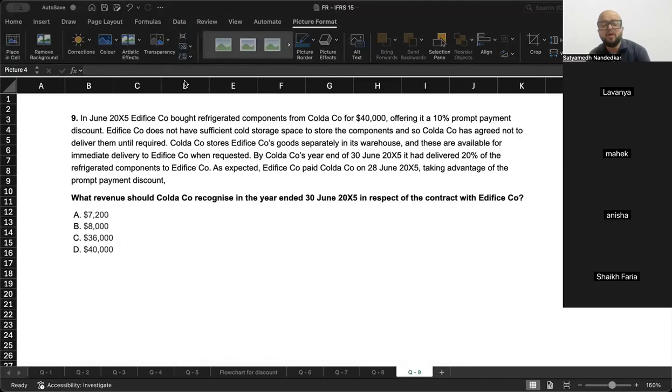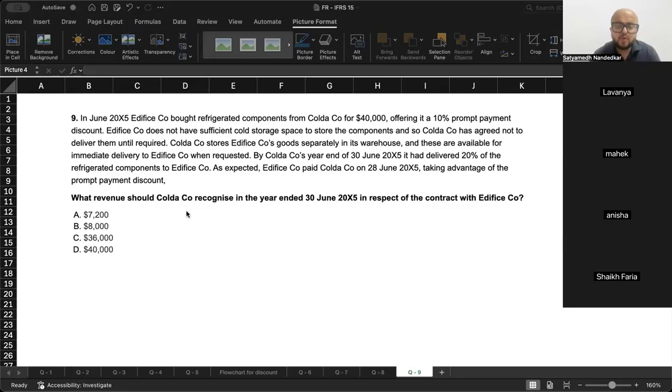Does this remind you of anything? दिस इज अ बिल एंड होल्ड अरेंजमेंट. ठीक है. IFRS 15 में एक स्पेशल केस है which we call the bill and hold arrangement. See if you can recollect. कुछ याद आ रहा है क्या? देखो, Yes, sir. बताइए क्या याद आ रहा है. इसमें लिखा हुआ है कि Kolda Company has agreed not to deliver them until required. जब उनको जरूरत रहेगी तभी वो डिलीवरी लेंगे, उससे पहले नहीं लेंगे. तो जब तक कि जो वो सप्लायर है वो अपने पास होल्ड करके रखेगा.